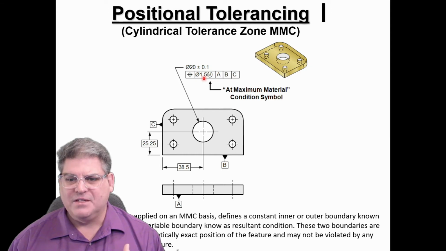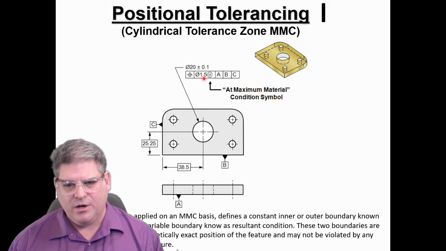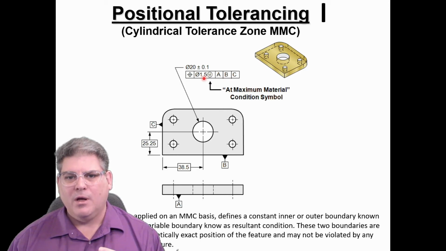Okay, things get a little bit more interesting, and we're not really going to touch too much on it. But when you have features that aren't round, giving positional tolerances becomes problematic. Okay, so we tend to not use position at that point, but we use actual geometric tolerancing.